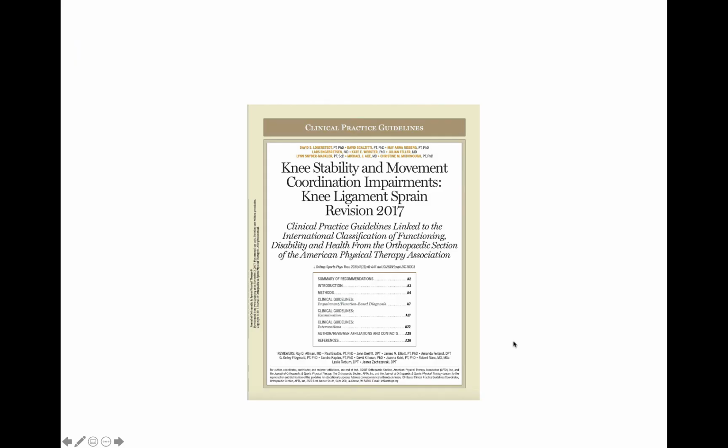Okay, so for the next condition or the next set of conditions, we're going to talk primarily about knee ligament sprains. So you see in the clinical practice guidelines, and this was revised in 2017, that they have noted the ICF category as knee stability and movement coordination impairments.